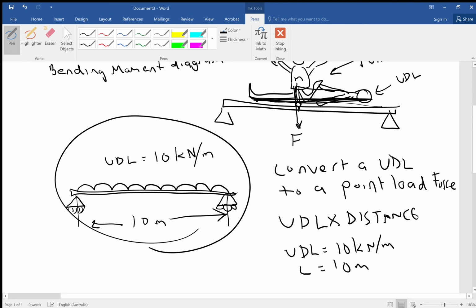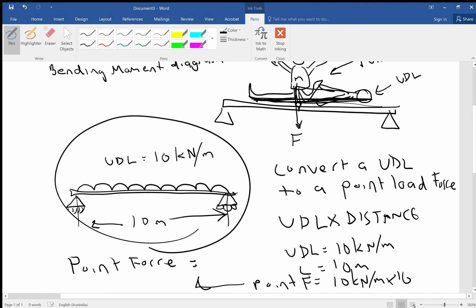So we just say point force is equal to 10 kilonewtons per meter times 10. And we know that 10 times 10 is going to give us a point force of, you guessed it, 100 kilonewtons.